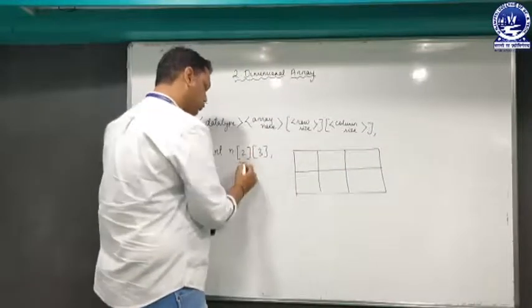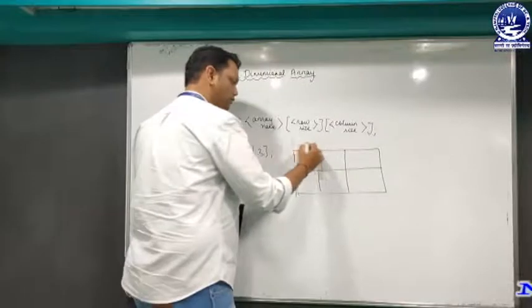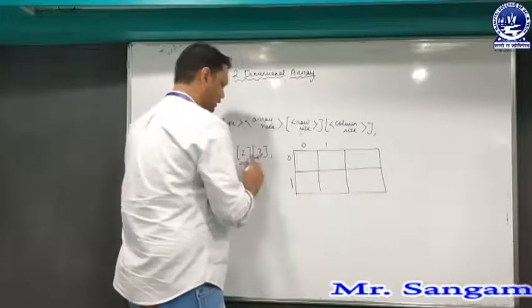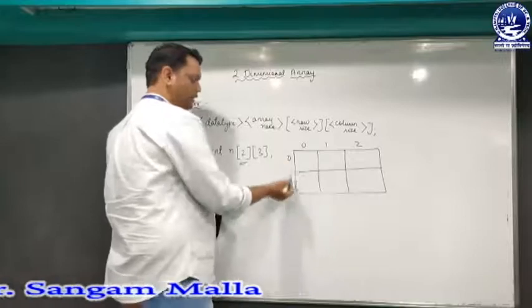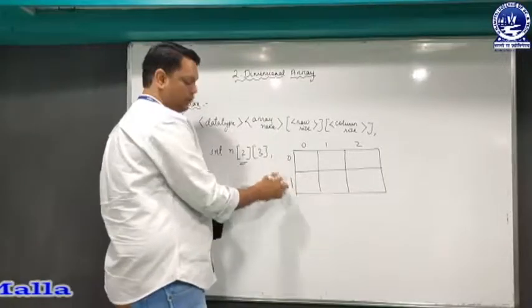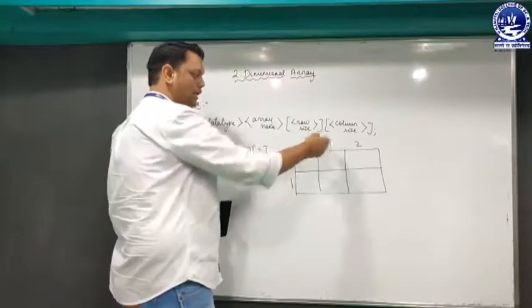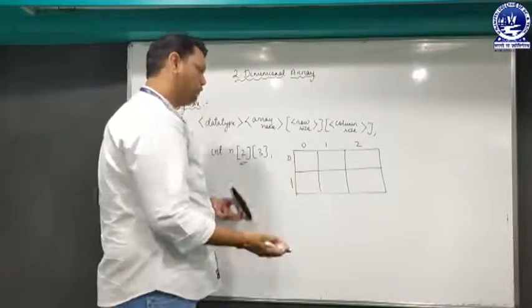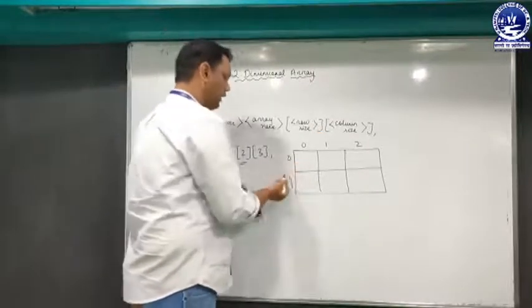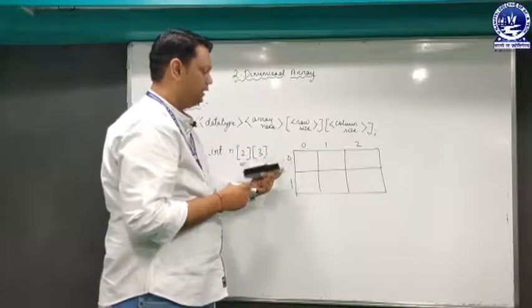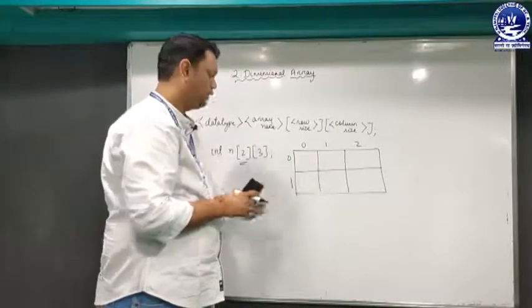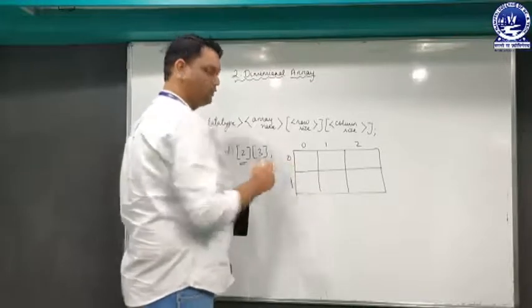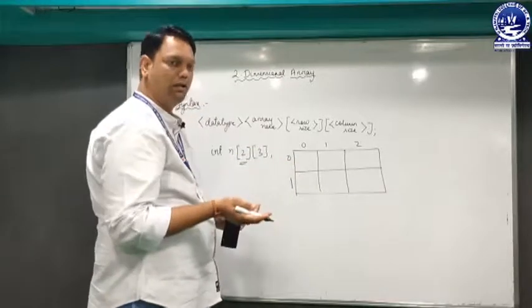So the 2 rows will have index values 0 and 1, and the 3 columns will have 0, 1, 2, because the array index starts from 0 and continues up to size minus 1. That means we have 2 row values and 3 column values. We have already discussed that whenever we specify a particular cell in a 2D array, we need to have the row value first, then the column value.